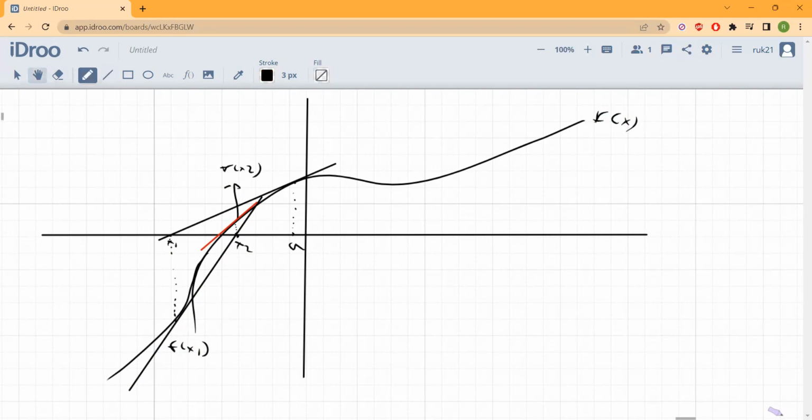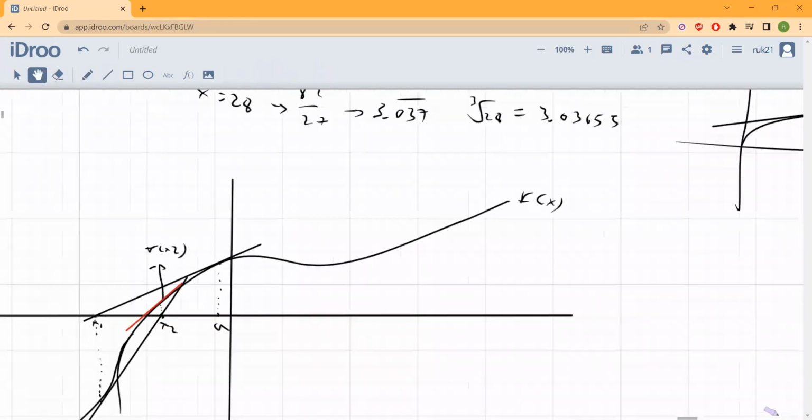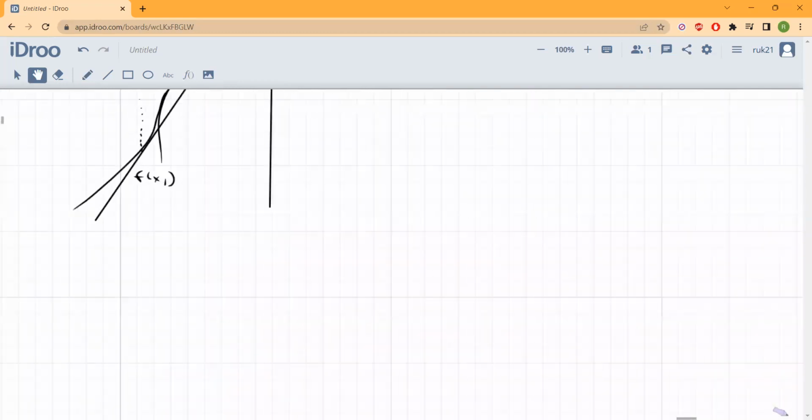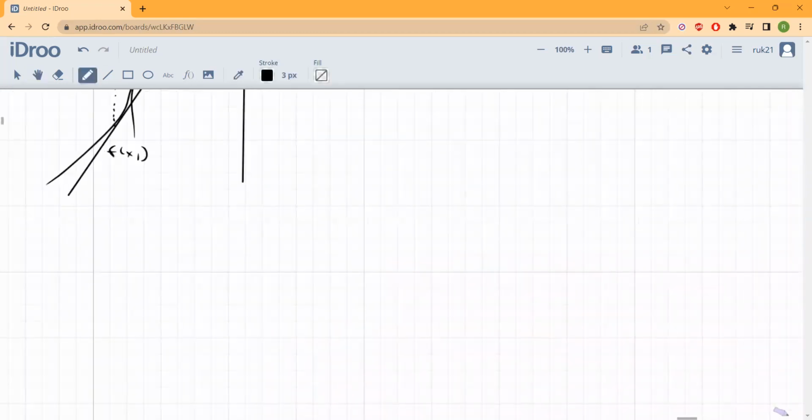Cool. So now let's try to discover this in a bit of a different way. What we're going to do is take y equals f at x, and we're going to begin with some point x0. If we linearize at x0, we're going to get L at x0, to be more exact.